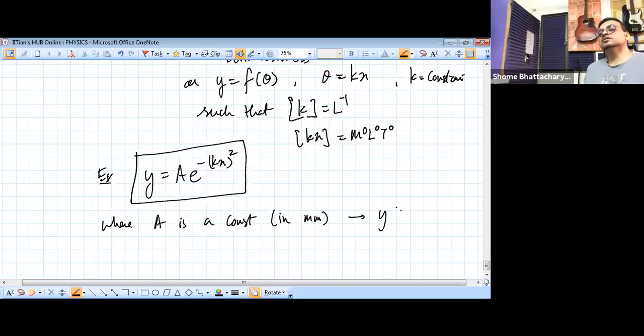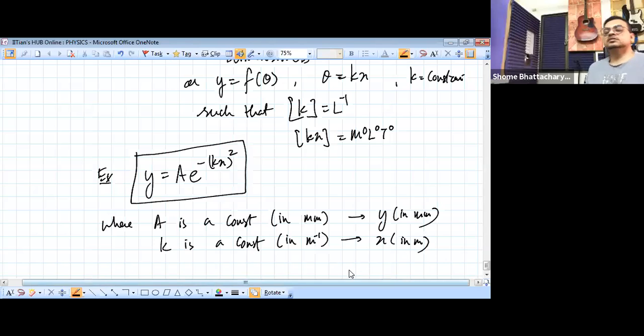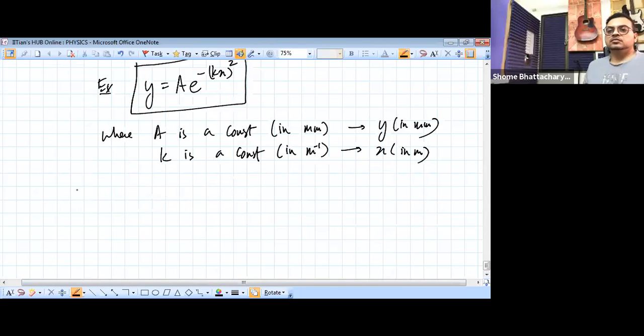Therefore, y is in millimeters, and p is a constant in, let's say, meter inverse. So x is in meters. Or you can have an example where y = A sin(px).